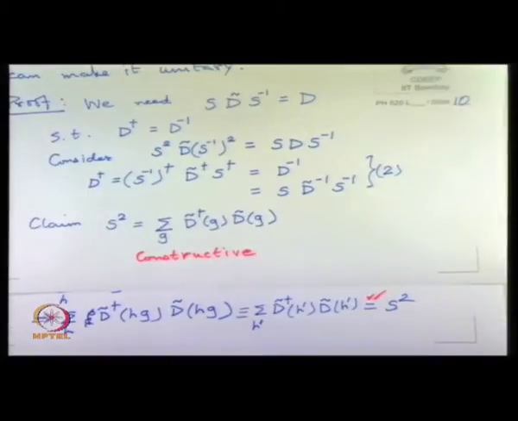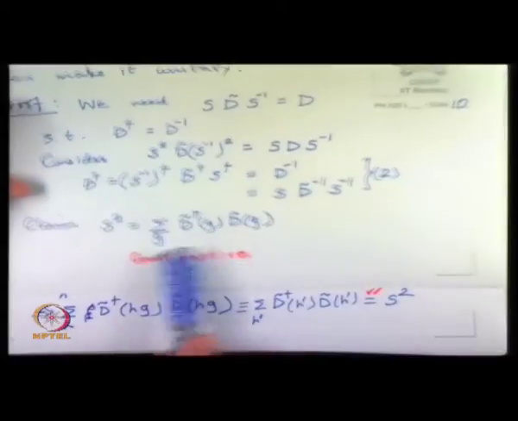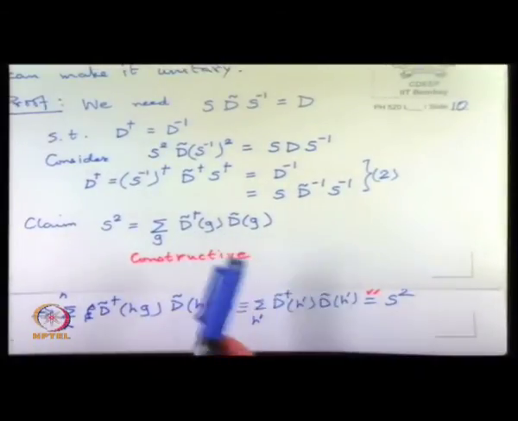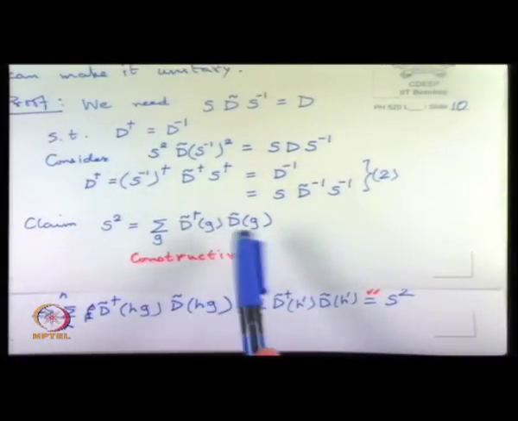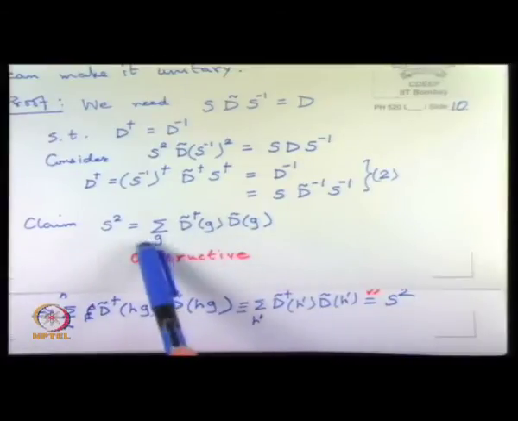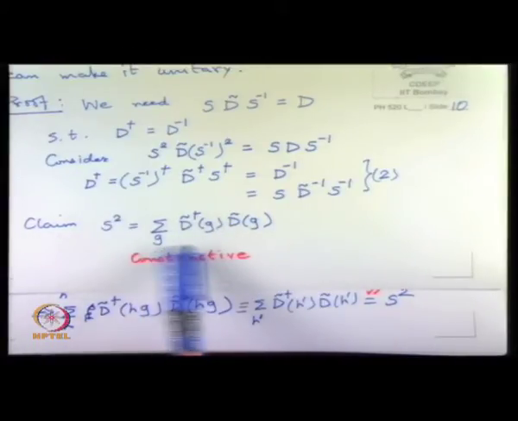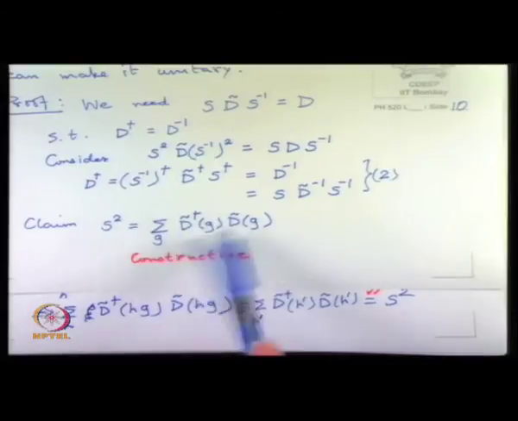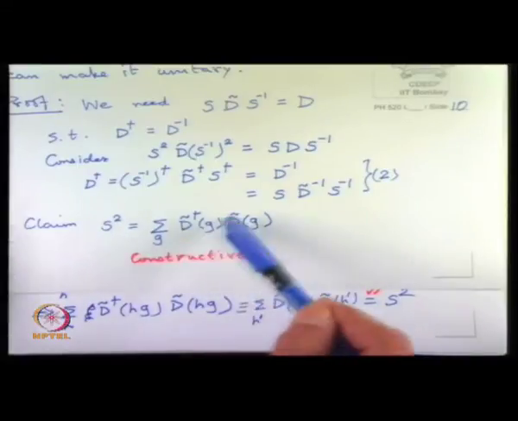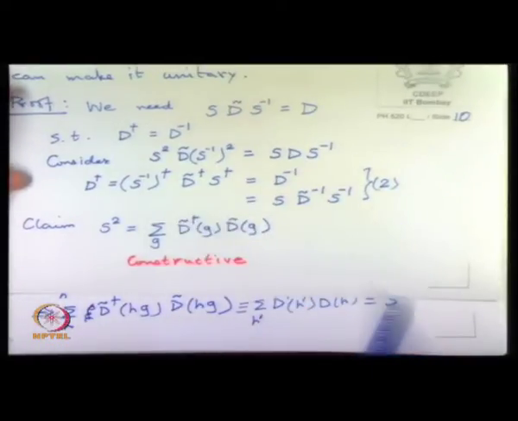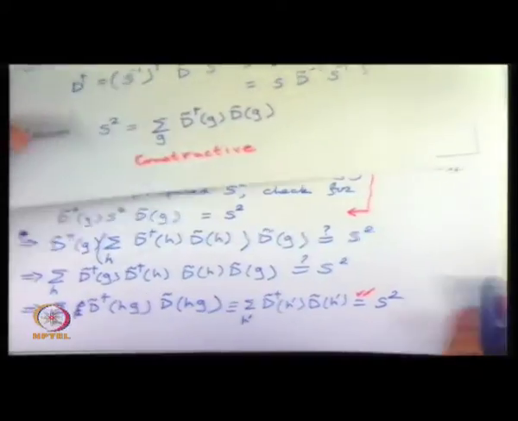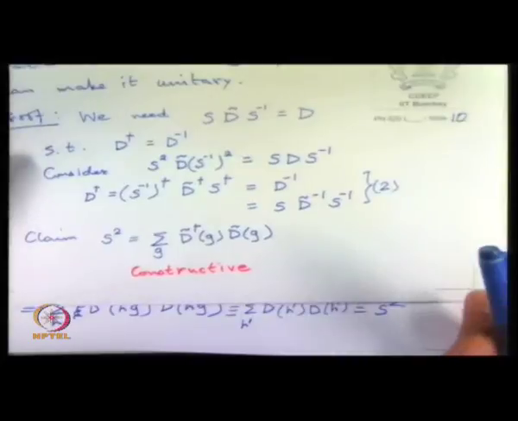But this actually constructs explicitly for you what you should do. You take your funny representation D tilde which is not unitary and just construct this matrix S squared, which is summation over all group elements of their corresponding D dagger D. So finally you can say S has to be the square root of that.